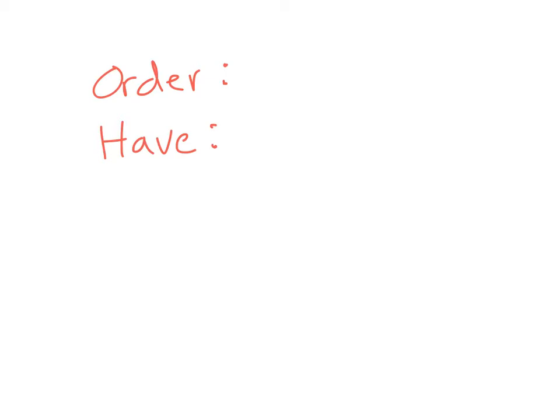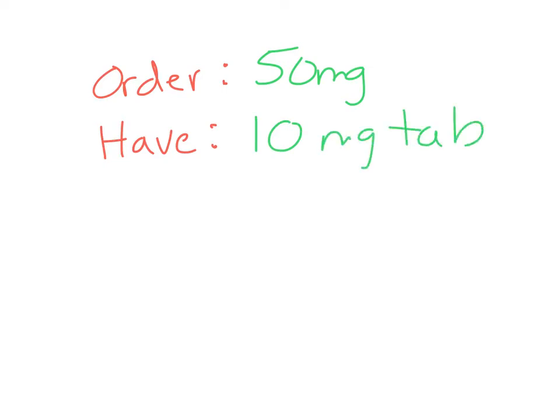The example that I gave to you guys last week said this. If we ordered 50 milligrams of a particular drug, and I know we went a little bit further with that when I said by mouth, every 12 hours, but we'll get into that in just a minute. If a doctor ordered 50 milligrams of some particular medication, and we look on that label, and the label says that they are 10 milligram tablets, so we can see that there's 10 milligrams for every one tablet of that drug.